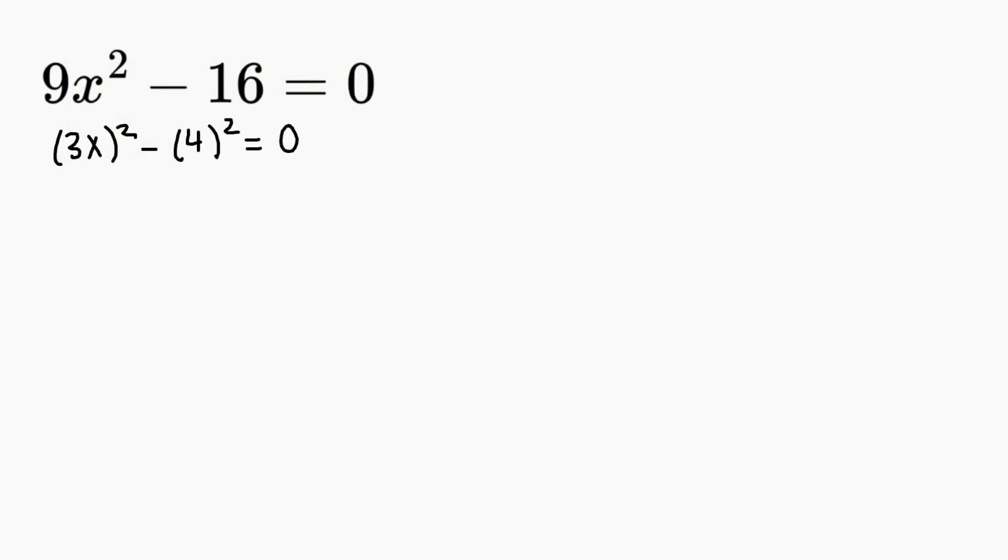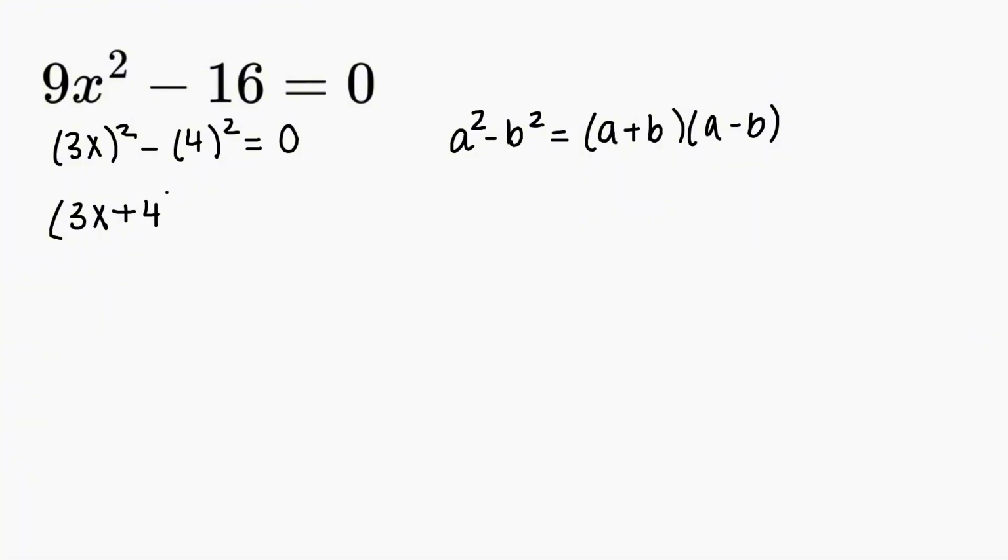And what's special about this is that a squared minus b squared can be factored as a plus b multiplied by a minus b. This means that this can be factored as 3x plus 4 times 3x minus 4 equals 0.